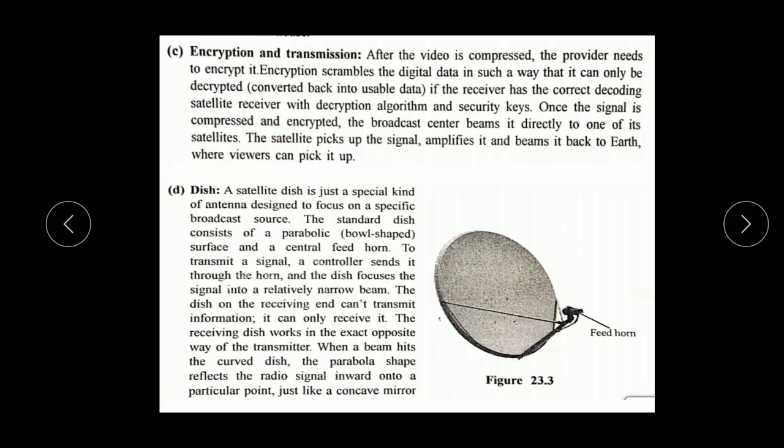When the signal is compressed and encrypted, the broadcast center beams it directly to one of the satellites. The satellite picks up the signal, amplifies it, and beams it back to the Earth, where viewers can pick it up.